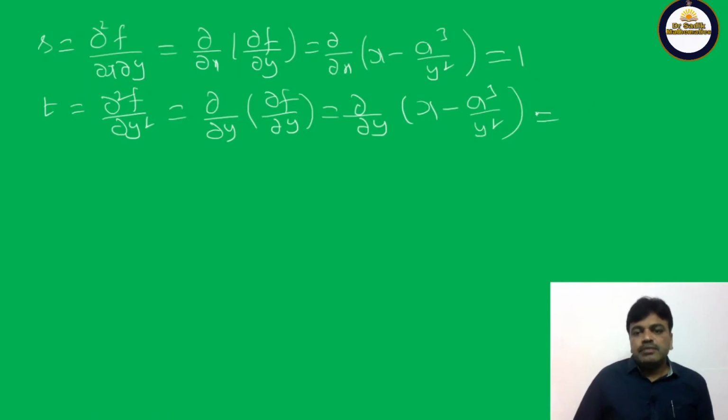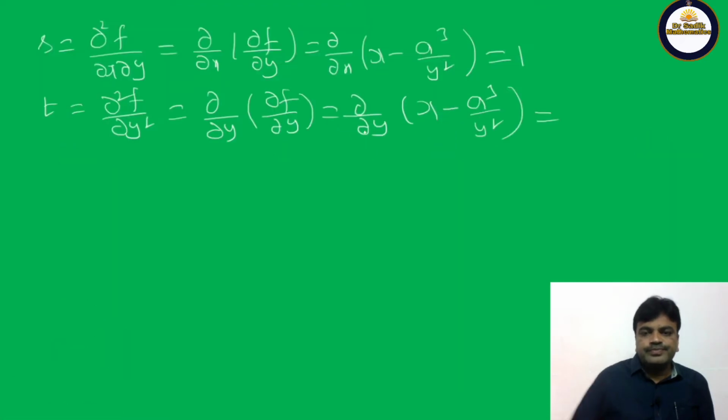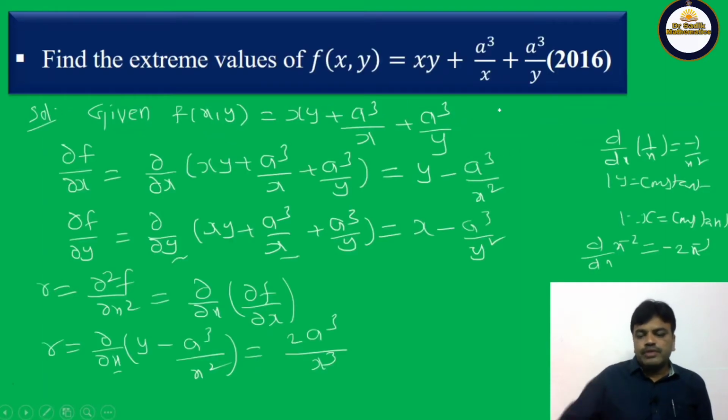We already found minus 2, here we had x, now y, so minus 2/y³. Minus into minus is plus, so 2a³/y³.